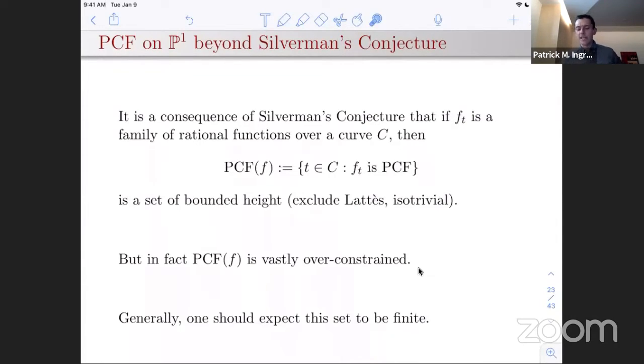But if you try to write down in a one parameter family what it would take for a given instance to be post-critically finite, if you impose some finiteness condition on one of the critical orbits, that's the vanishing of some function on this curve. Then if you impose a condition on another critical orbit, that's the vanishing of another function on this curve, and you want those two things to coincide.